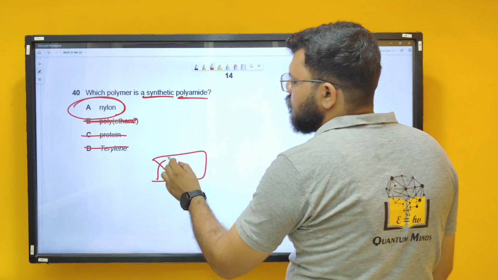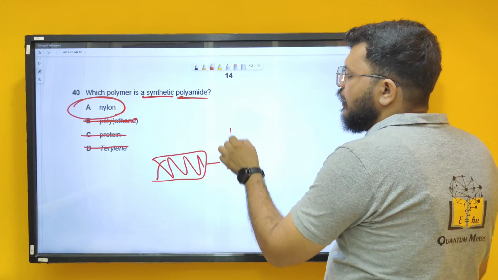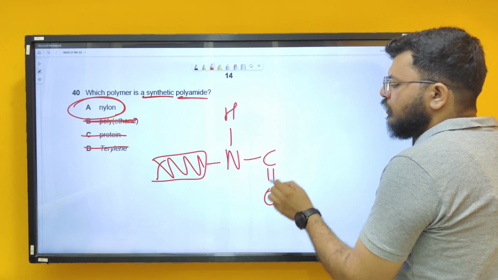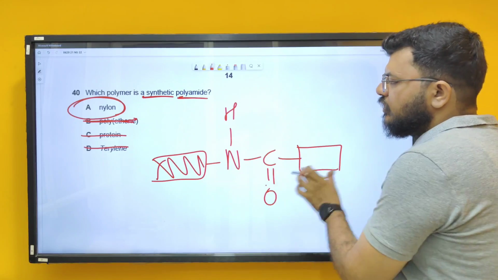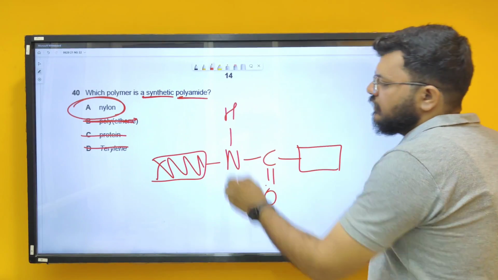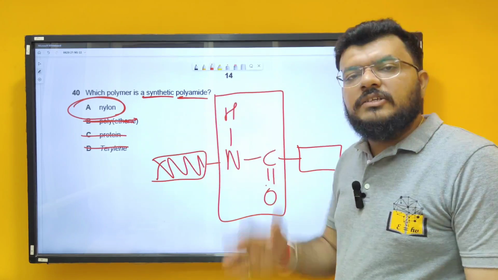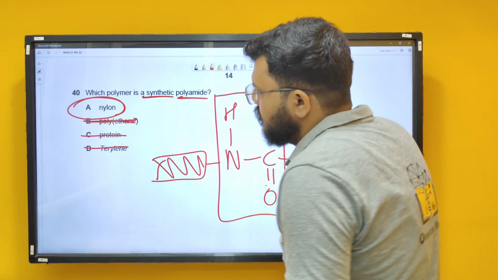So if you remember, this is a colored box which will have NH on its side. The other box will have carbon double bond O, and we would draw an empty box here, right? We're not interested in what these compounds are. We just know that this is an amide linkage, and a polymer with this linkage is known as a polyamide. Nylon is an example of one such answer.